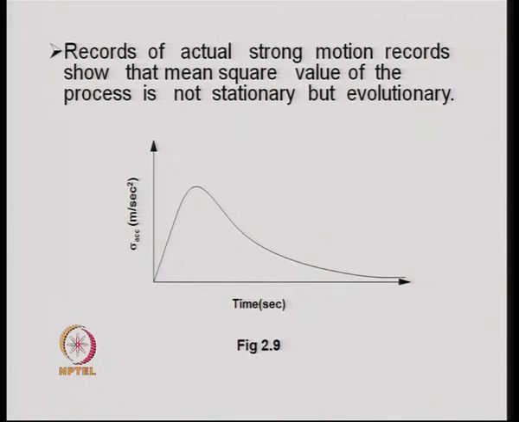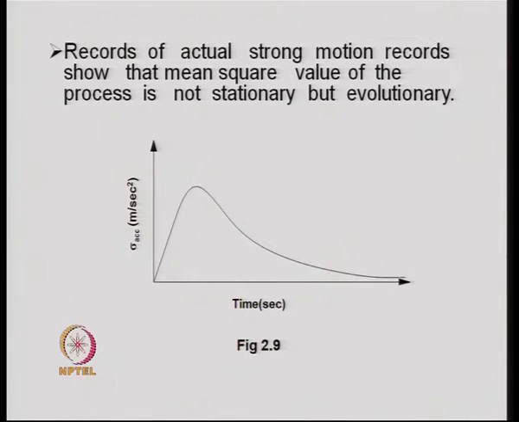It is found that the mean square value does change with time, and therefore we have to account for this particular pattern of the ground motion in modeling the ground motion as a random process.